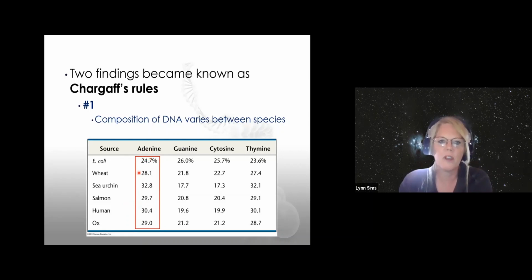And we see that the percent adenine is different between each one. So we've got 32, almost 33% in the sea urchin, however, only 24 to 25% in E. coli. And then, of course, if you look at each of the other columns, there are differences in guanine, cytosine, and thymine.